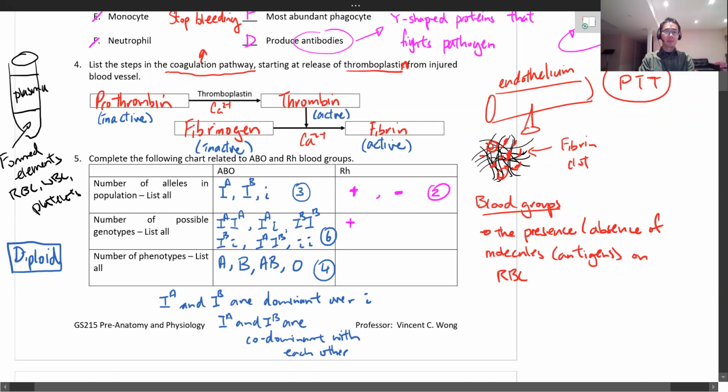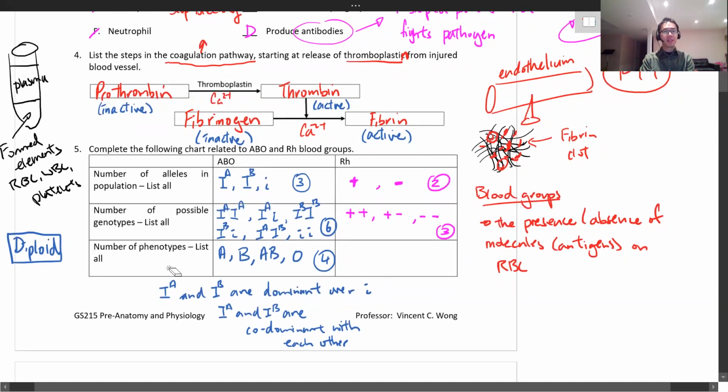Three, yeah. So you can be positive, positive. You can be positive, negative. Or you can be negative, negative. So 3 possible genotypes. And in terms of phenotypes, as in the expressions of the genotype, that would be Rh positive or Rh negative, which would be 2 types. Okay. So that's it.